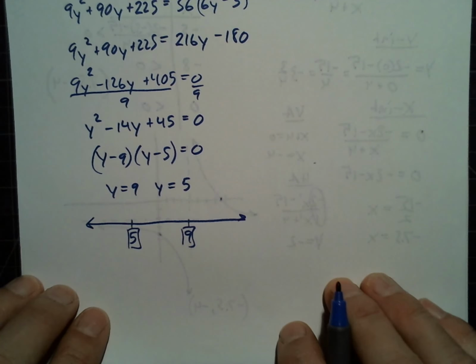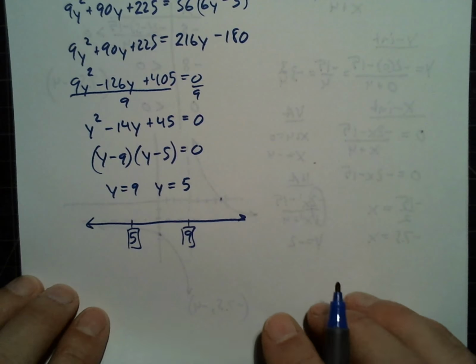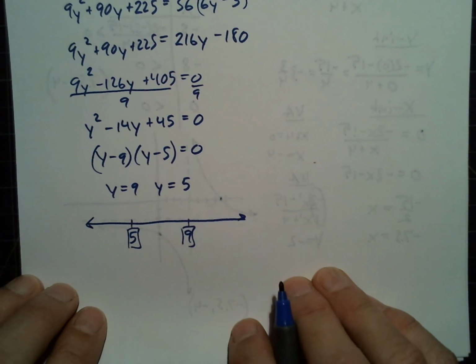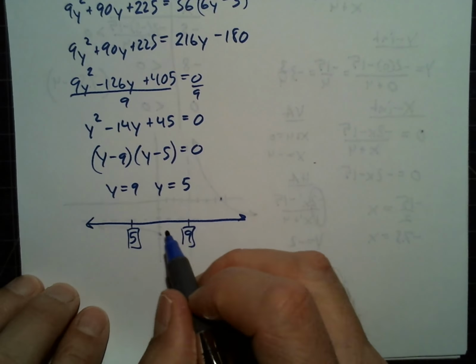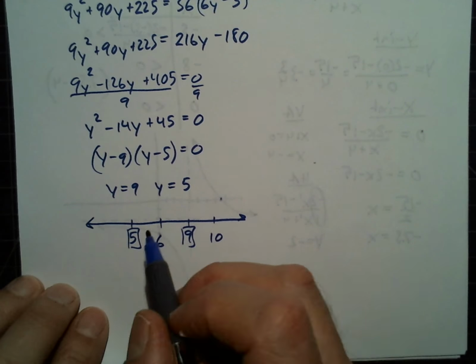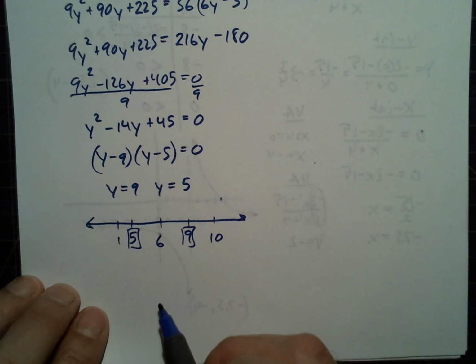And we want to know where the graph is greater than 0. No, greater than 3. So let's check 6, 10, and 1.